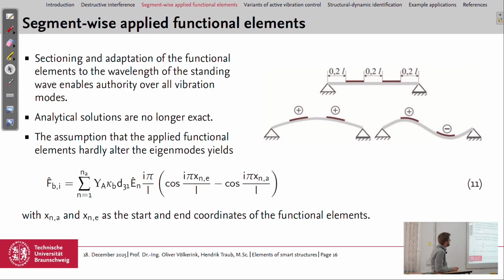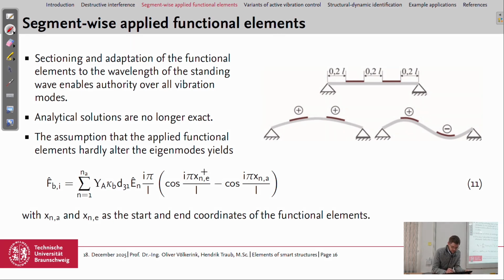Now we are coming to really segment-wise applied functional elements. So we have two functional elements on the structure, and then we have a new description of the general excitation by these two functional elements.